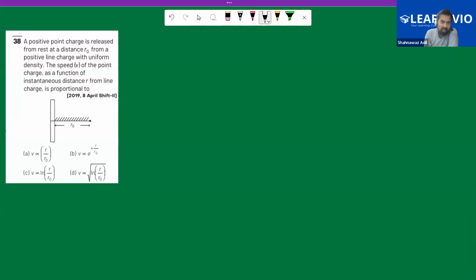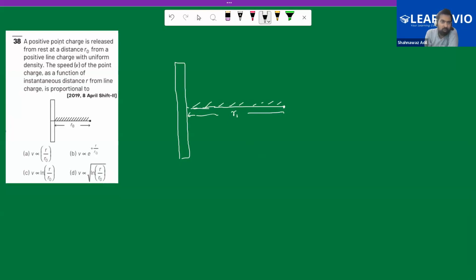We have this uniform charge density, right? This is the thing that we have. And this is the point that we have, initial point. This is R naught. And this is some charge.